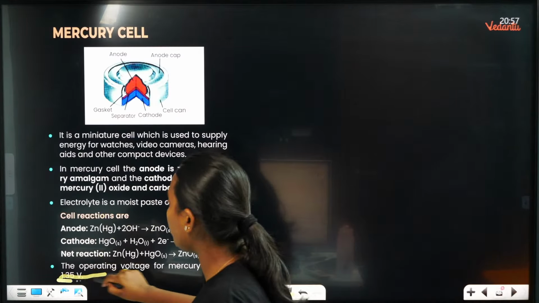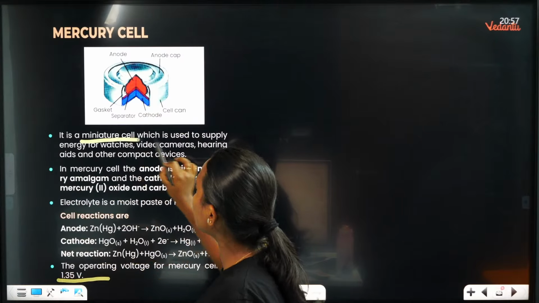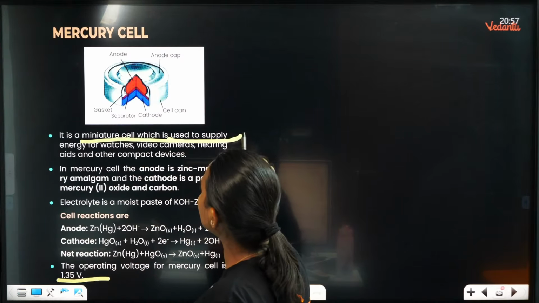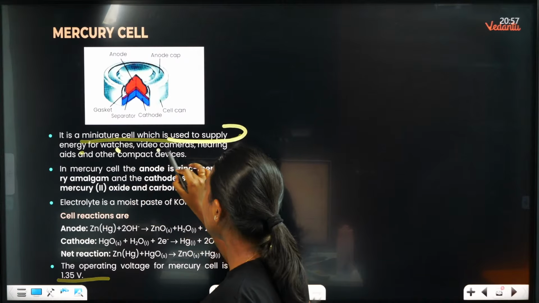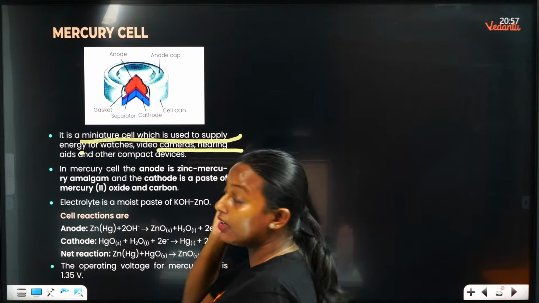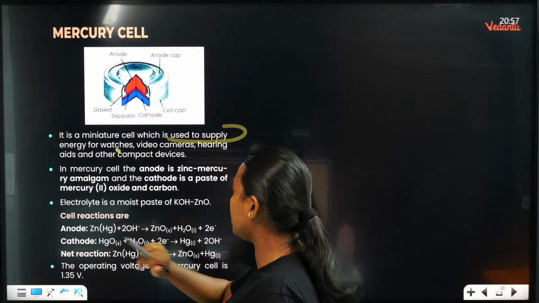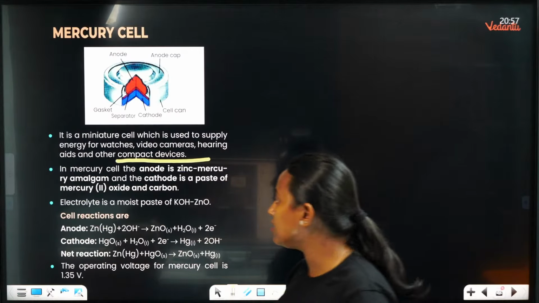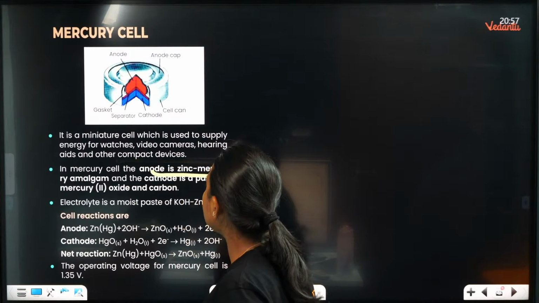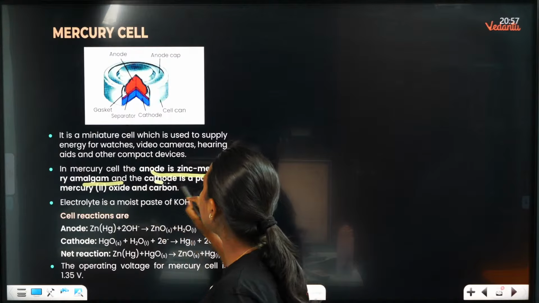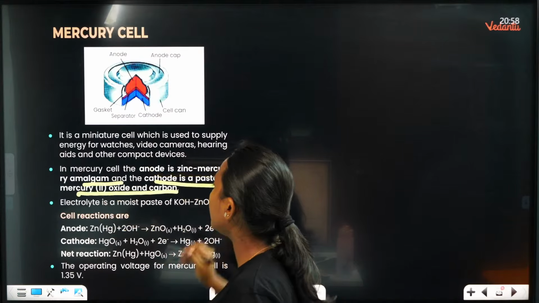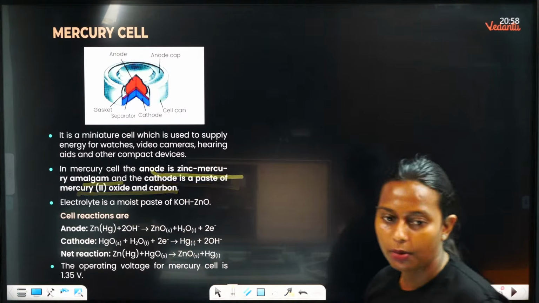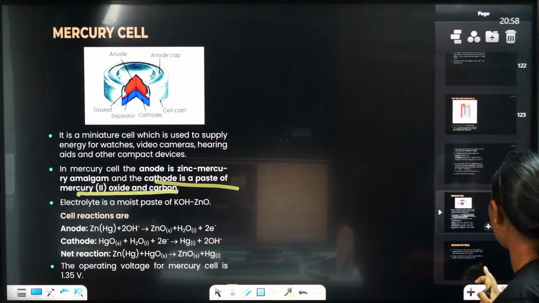It is a miniature cell used to supply energy for watches, video cameras, hearing aids, and other compact devices. In the mercury cell, the anode is zinc mercury amalgam and the cathode is a paste of mercuric oxide and carbon.